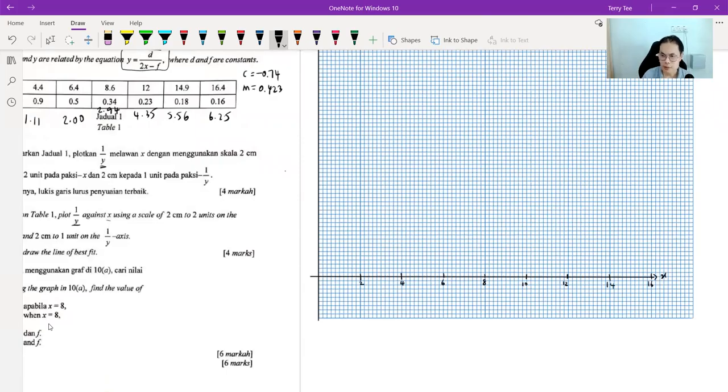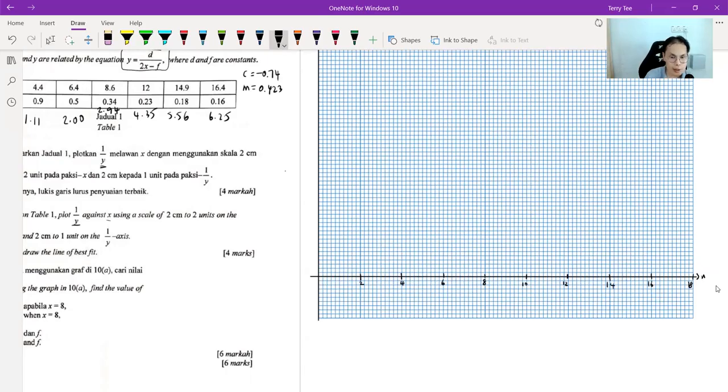And for your x, 16.4. Oh, it looks like I need to go further, until 18. 16.4 is the largest. Okay, let's do until 18 here.